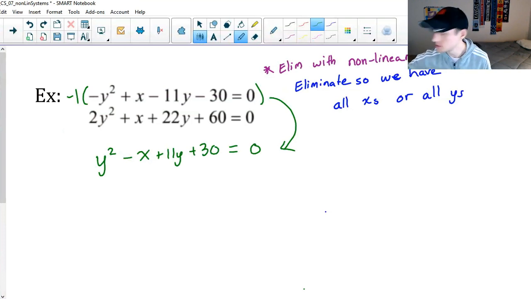Could you divide everything by 2 and eliminate y? Yes, you could. However, then you still have a mix. If you eliminate the y term, then you'd have... Oh, are you saying because it would eliminate both y's? Is that what you're trying to do?